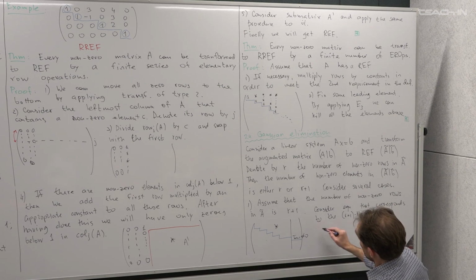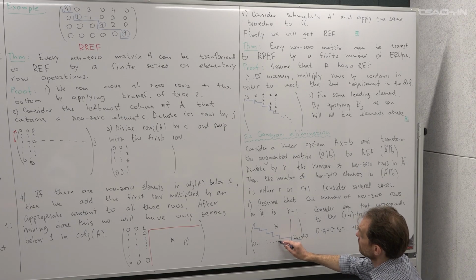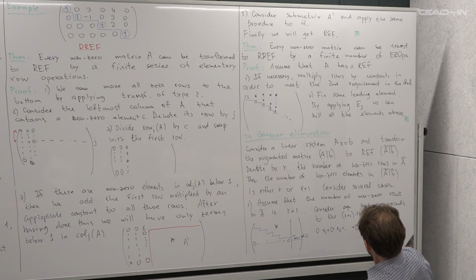It has the form 0 times x1 plus 0 times x2 plus etc. plus 0 times xm, just because here we have only zeros, and this equals b tilde r plus 1.